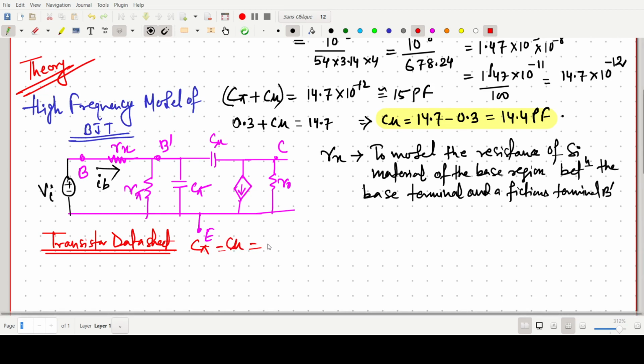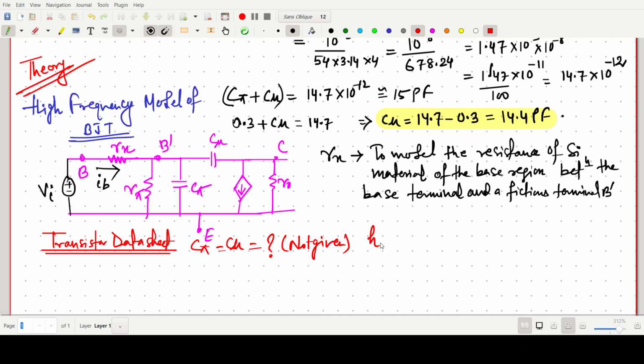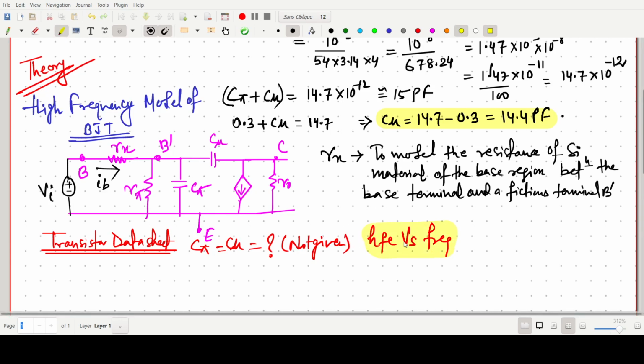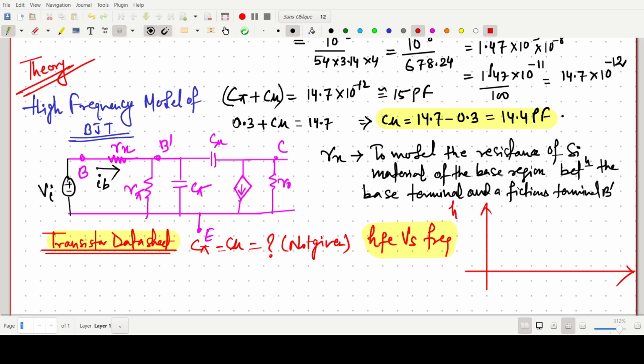Instead, the designer will provide a curve between HFE versus frequency. From that curve, we can find the value of C pi and C mu. We will discuss how it is coming, but this is the curve.